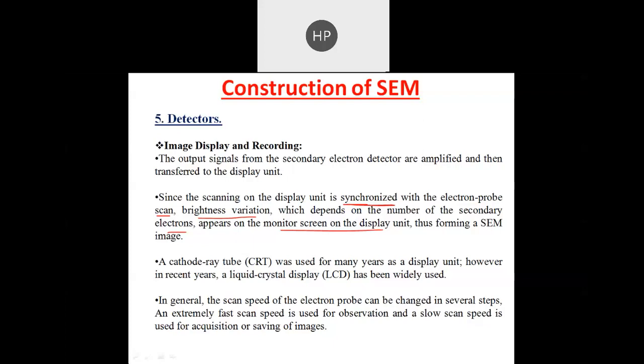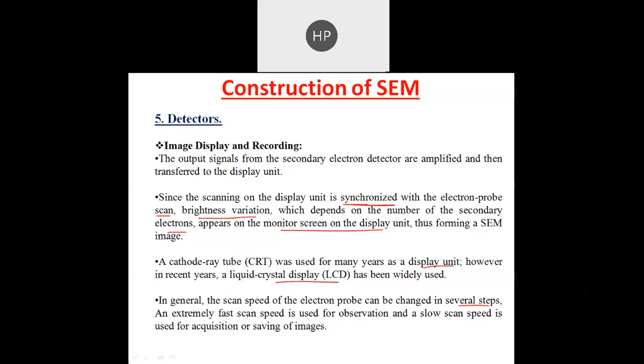And a cathode ray tube was used for many years for the display unit. Okay, but nowadays we are using LCD displays, and in general the scan speed of the electron probe can be changed in several steps.